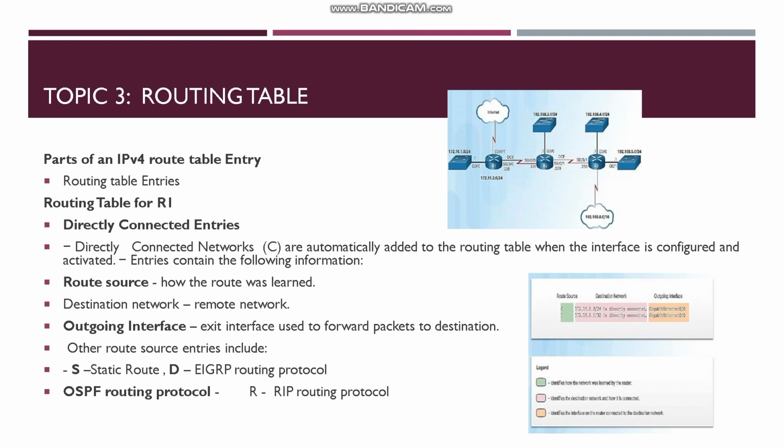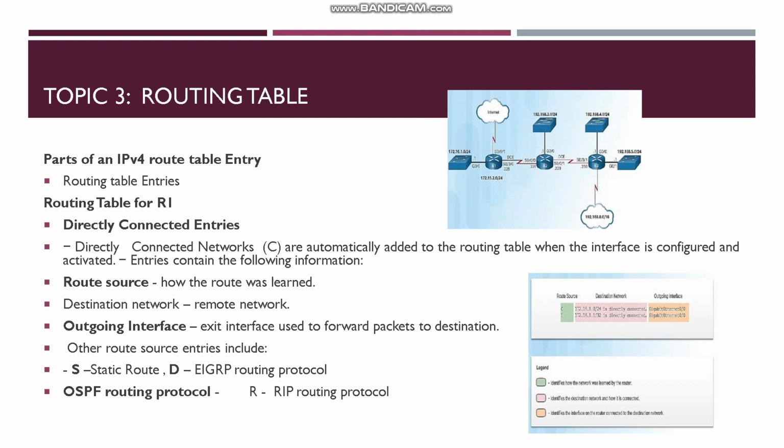As you can see in the picture in the bottom right, that is an example of a routing table for R1, directly connected entries. Directly connected networks are automatically added to the routing table when the interface is configured and activated. Entries contain the following information.